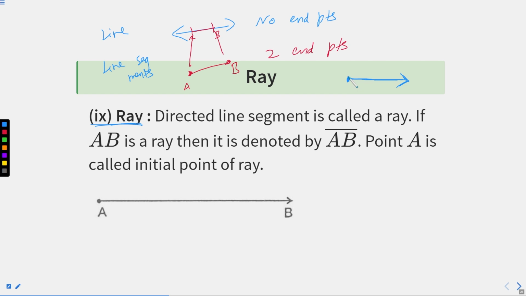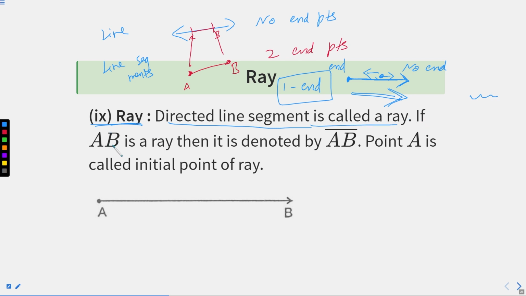You can think of it like this: if you are here and walk this way, you will find no end. If you walk this way, you will find an end here. So there is only one end in a ray. A ray is a directed line segment. It is a line segment, but in a specific direction. So a directed line segment is called a ray.